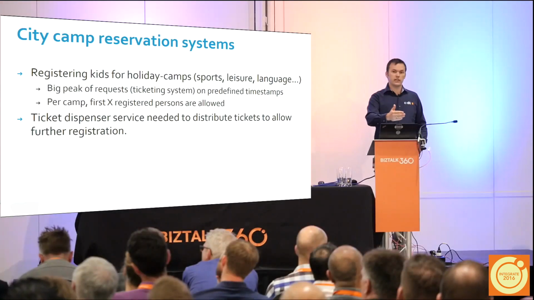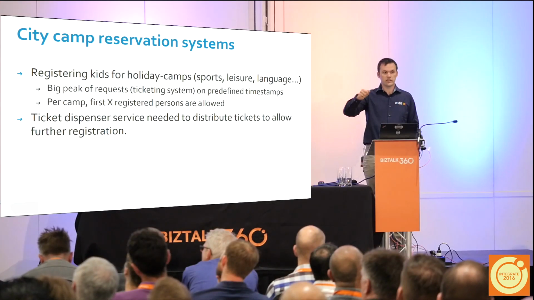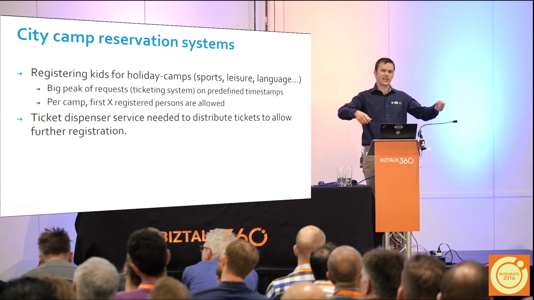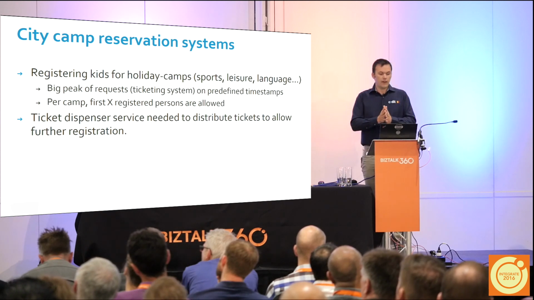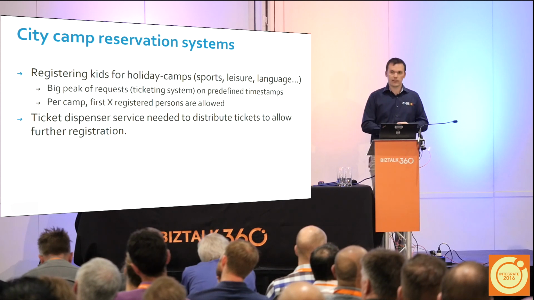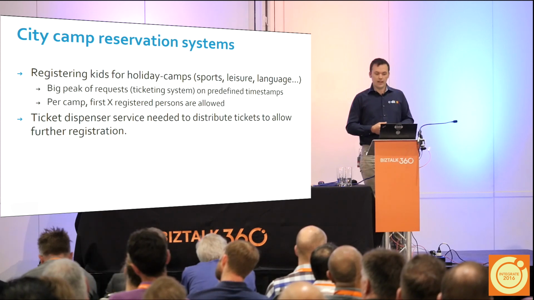Another one, and we didn't implement it yet, but it's a discussion that we had with a customer. It's a city, and they have camps. It's like your kid again. In the summer holidays, they can register for a sports camp or an arts camp or language, whatever. But it's worse than buying a ticket for Adele or the Foo Fighters or U2.